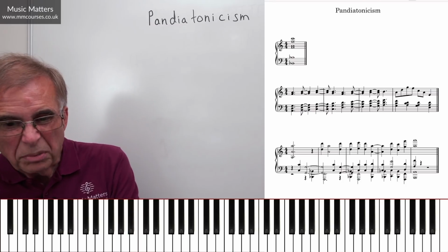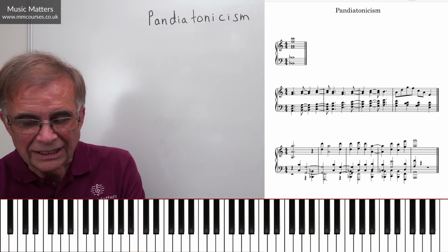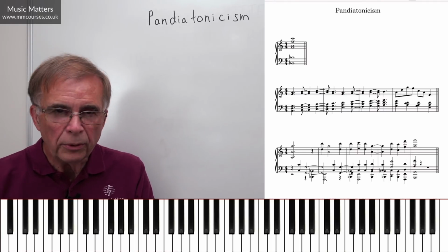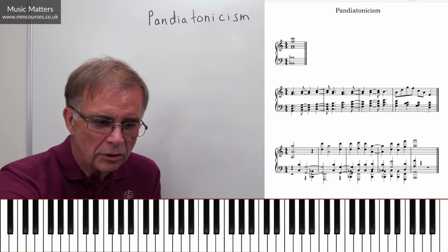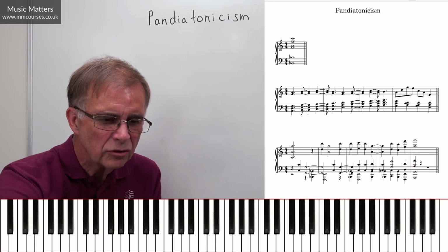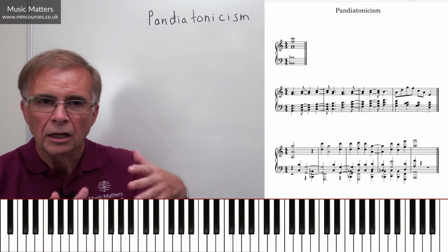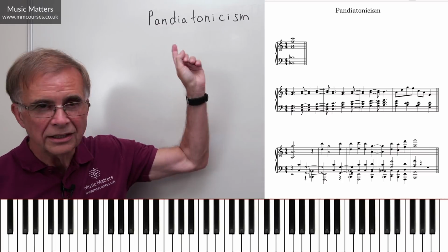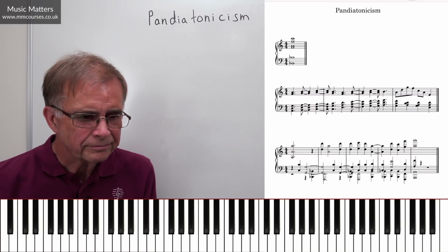Well, that could be B flat major. We haven't got any E flats at this point. Could be F major, but it's somewhere else. The point is, when you look at this, you see that there are really 3 different keys operating simultaneously. So that's another angle on this stuff.